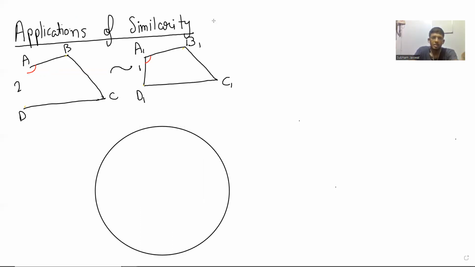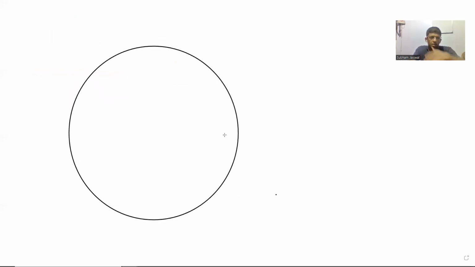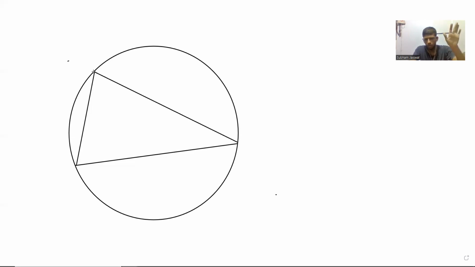Let's come to that. That is a very, very important result. Let us take a triangle, and then we have an arbitrary one. Through these, we will learn all these basic things about circle geometry.